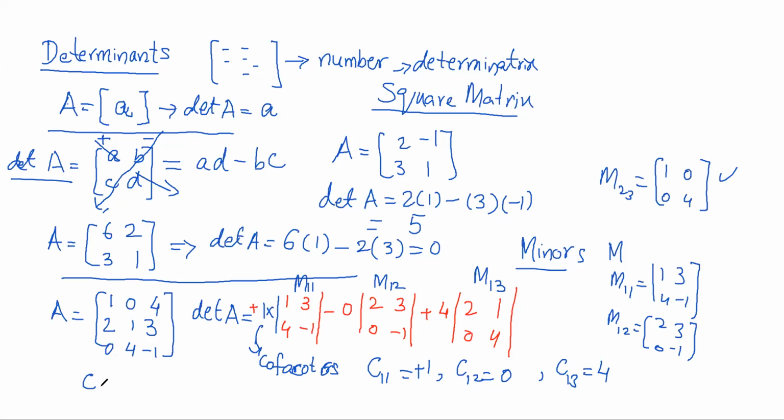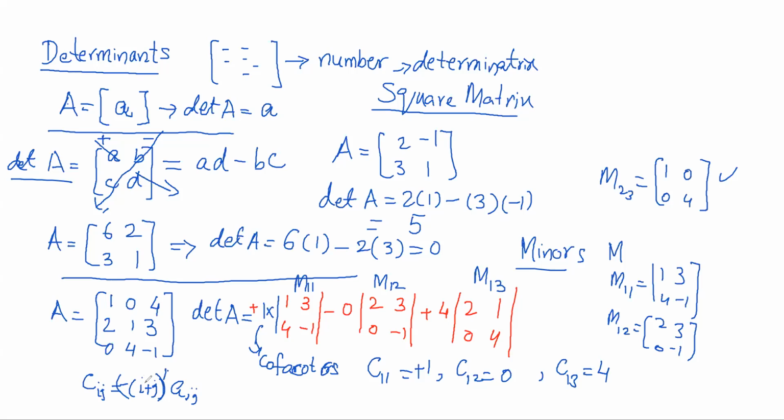So cofactor is actually determined by a formula. If I want the cofactor Cij, it is determined by minus, I plus j, power 1, and then the aij.